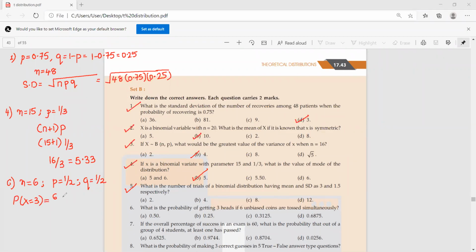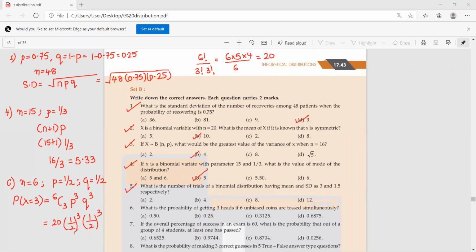So that will be 6c3 p to the power 3 q to the power 3. तो 6c3 क्या आएगा? 6 factorial upon 3 factorial and then 3 factorial. 6 into 5 into 4 divided by 6. So that turns out to be 20. So this will be 20 into 1/2 whole cube, and this is 1/2 whole cube.